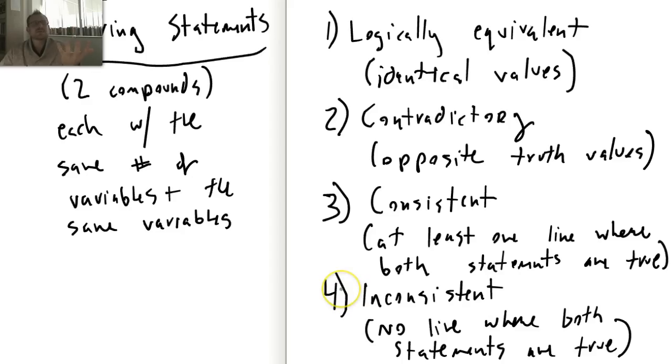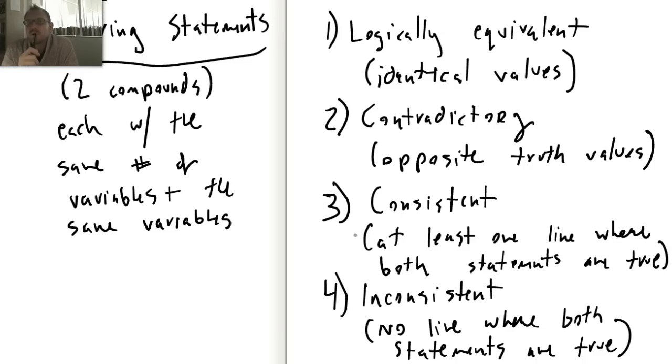Now, I like that example with the detective because you can see here why consistent and inconsistent is important. And now maybe next time you watch one of these CSI or detective shows, and you hear someone say the witness's statements are inconsistent, now you know exactly what inconsistency means.